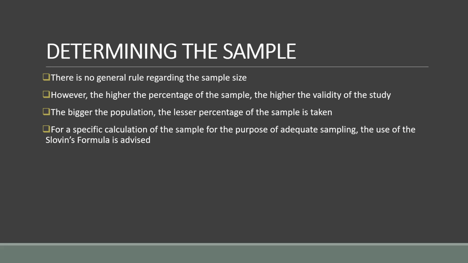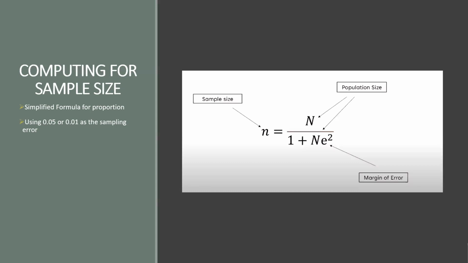Let us now discuss how we compute for the sample size. The formula being shown on your screens right now is the simplified formula for proportion, wherein the small letter n represents the sample size, the capital letter N represents the population size, and the small letter e represents the margin of error.